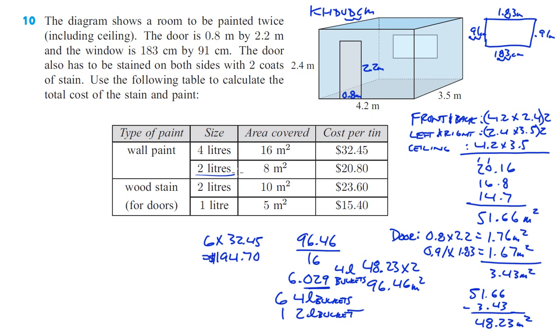Right, and then we're going to add on one 2-liter bucket, so we're going to add 20.80 onto that, and that's going to give us 215.50 total in paint. So that's the paint total.